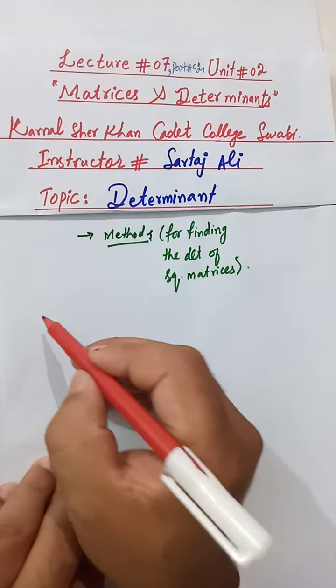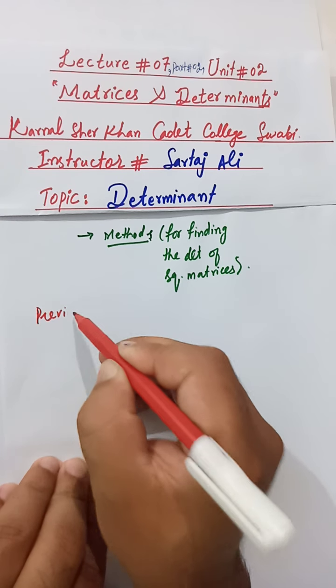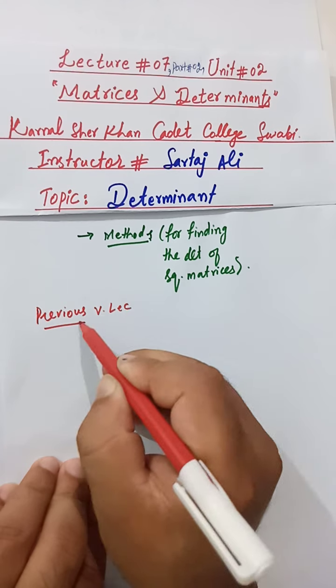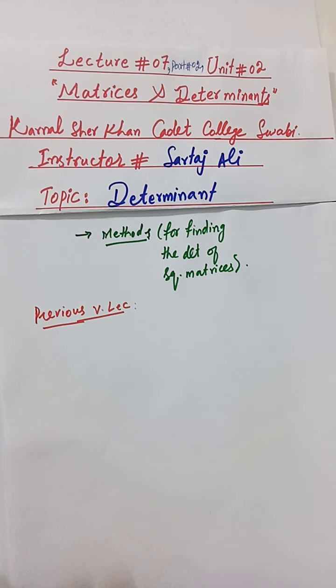In previous video lecture we discussed the basic idea of determinant. The determinant is actually a type of function in which each square matrix is associated with a unique number.